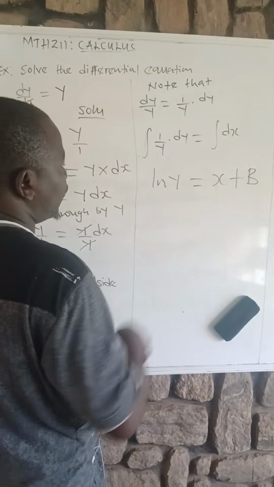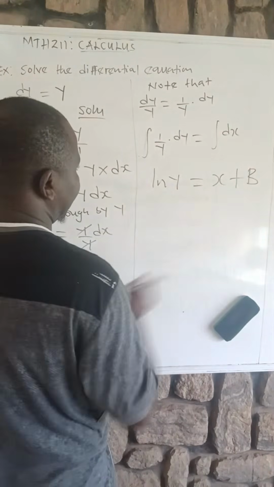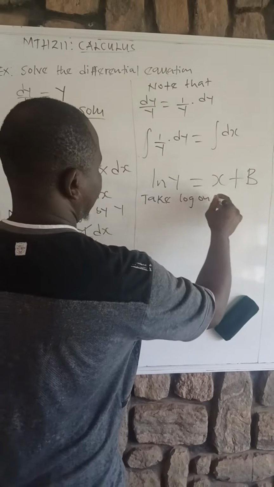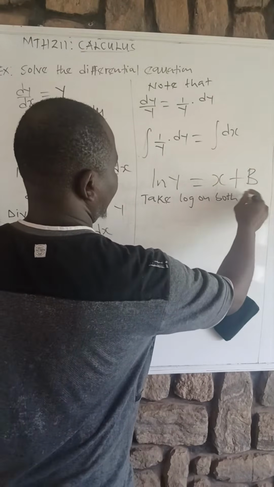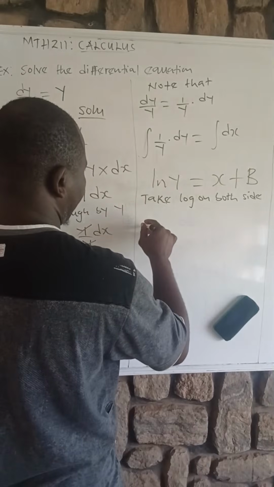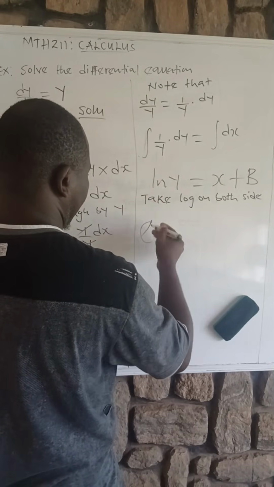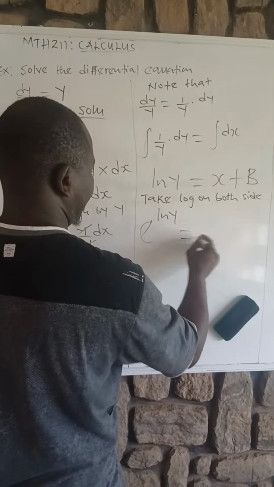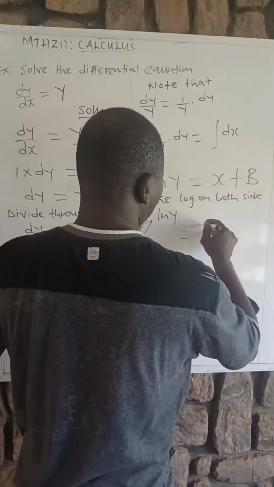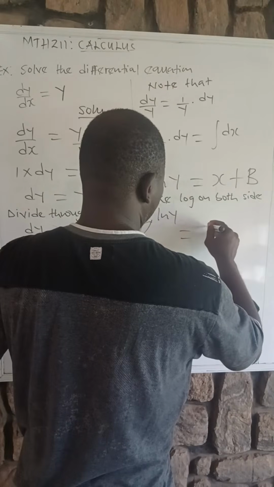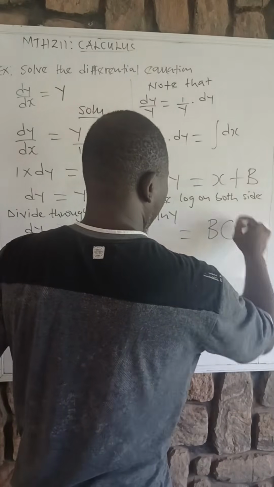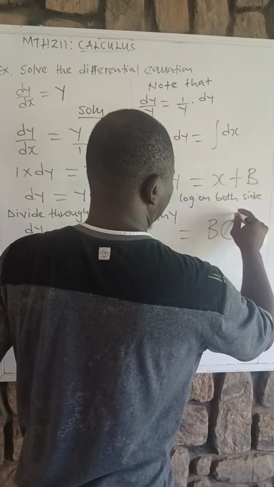So if we take log on both sides, it means this is what we are going to have: exponential of ln y equals b exponential x.